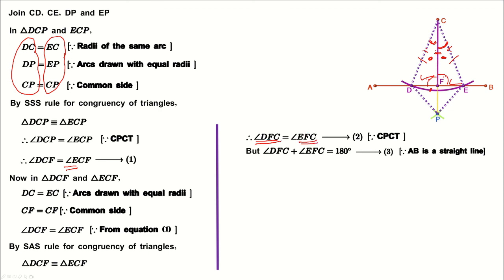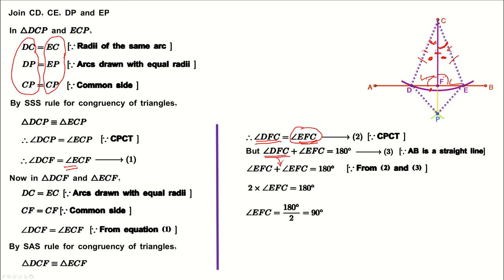We shall plug in angle EFC in place of angle DFC to get this equation. Angle EFC plus angle EFC equals 180 degrees. This is from equation 2 and 3. That is, 2 times angle EFC equals 180 degrees. Angle EFC equals 180 degrees divided by 2 equals 90 degrees.